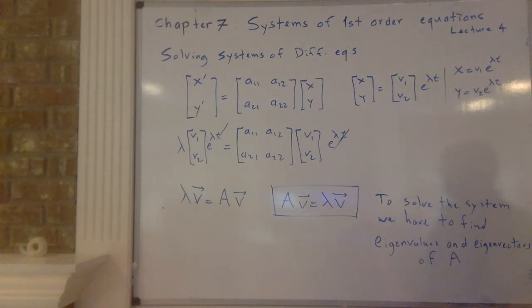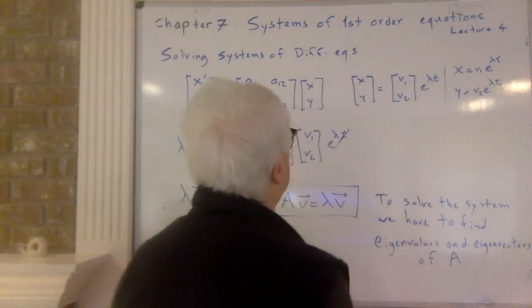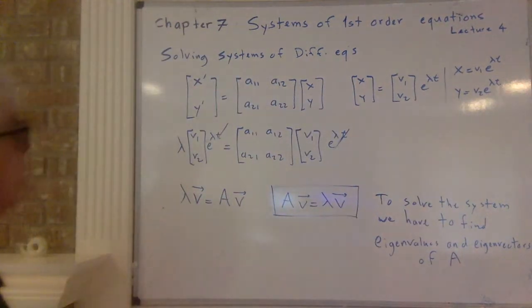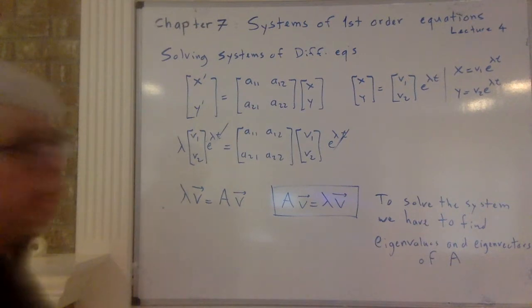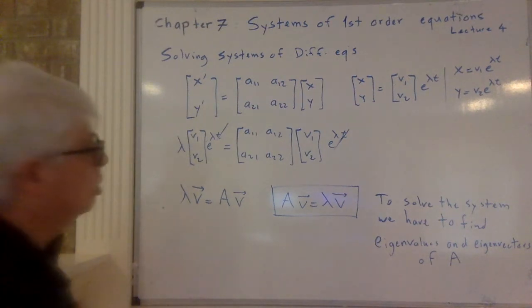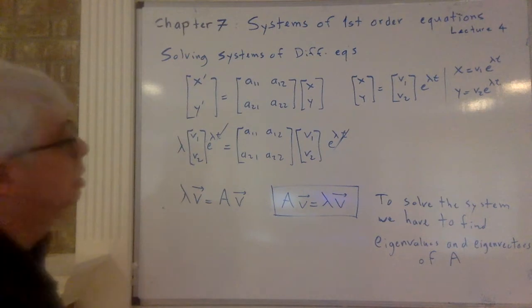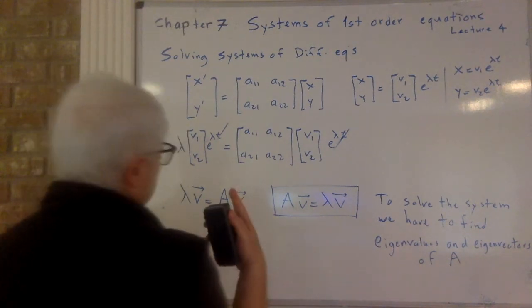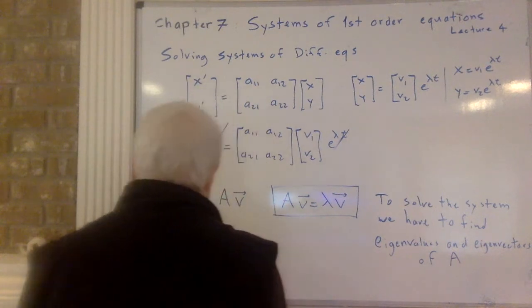So the problem of solving this comes down to finding eigenvalues and eigenvectors of, in this case, a 2 by 2 matrix, and we will see if I have more than 2, I have n, that is eigenvalues and eigenvectors of my n by n matrix.